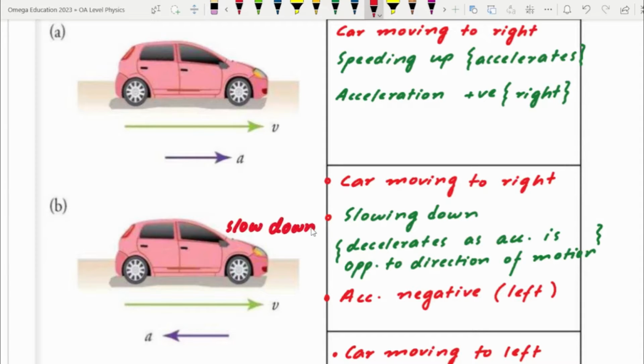So your vehicle sees an obstacle, a barrier, then you need to slow down, and you eventually need to stop. Just because you're slowing down, we call it deceleration.